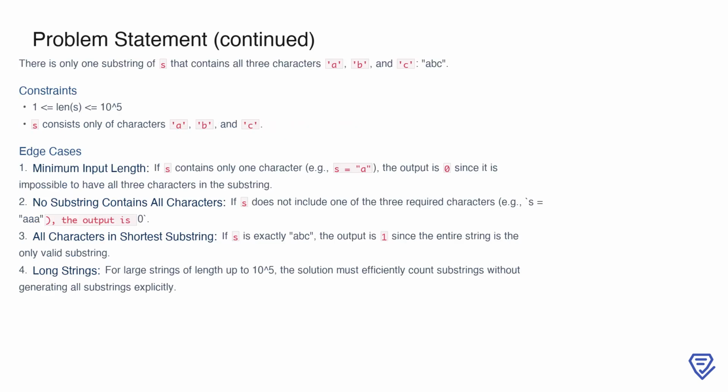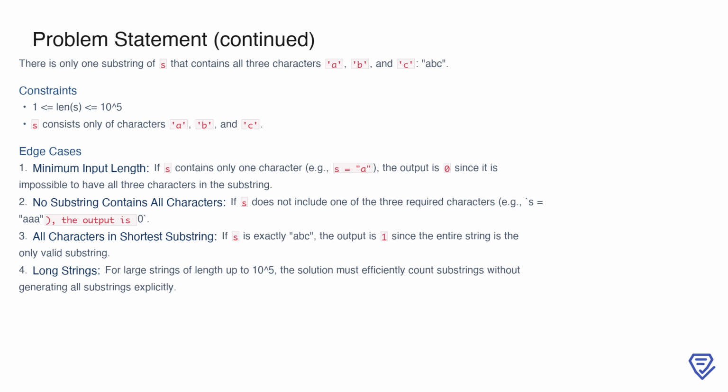To summarize, the constraints of the problem ensure that the input string S will only consist of the characters A, B, and C, and its length can go up to 100,000. This means that any solution must be optimized to handle large inputs efficiently. Additionally, edge cases to consider include strings that are too short to contain all 3 characters, such as A or AAA, which would result in an output of 0.